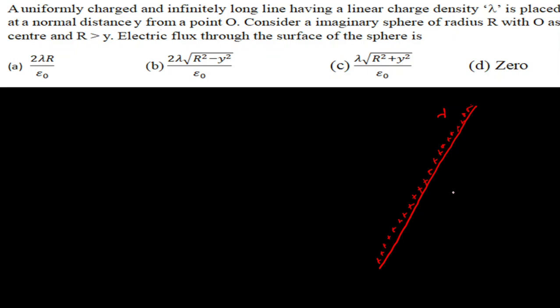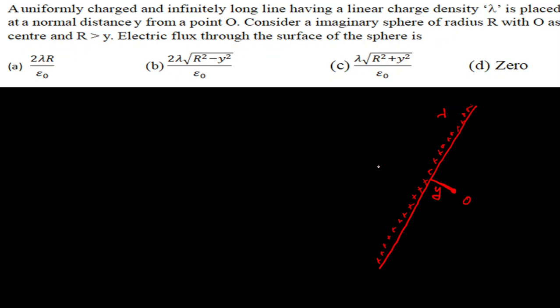Let's consider a point here. This is the point O, and the perpendicular distance of this long line charge is y.